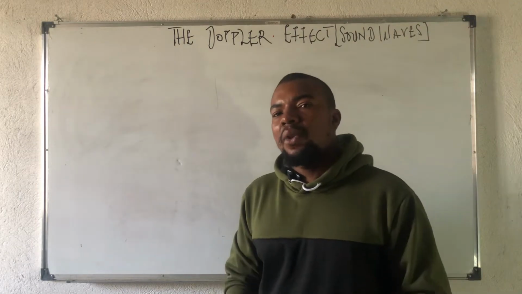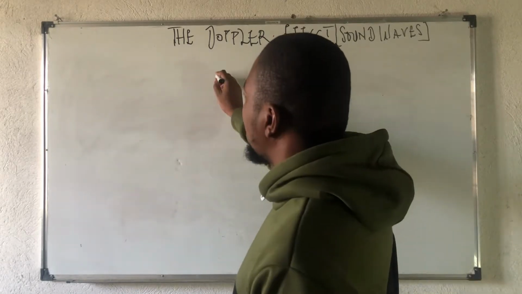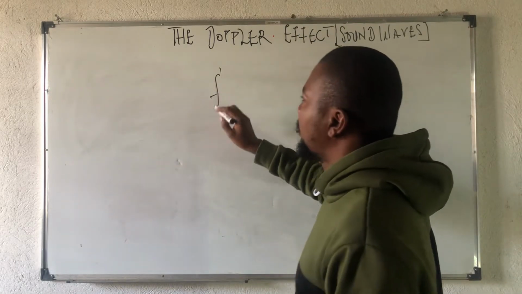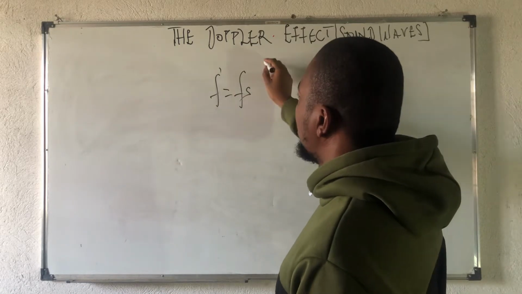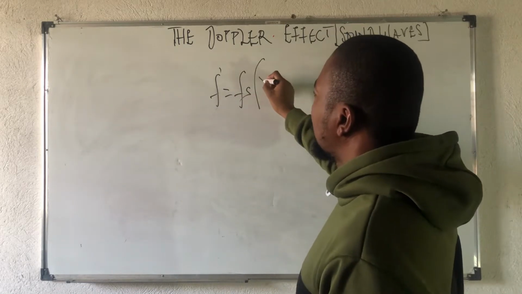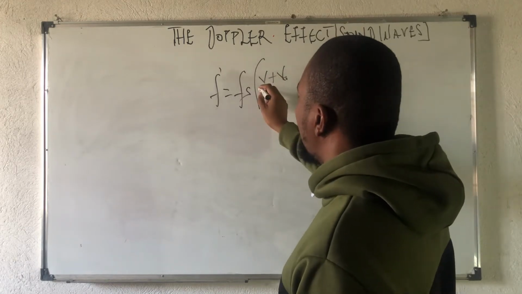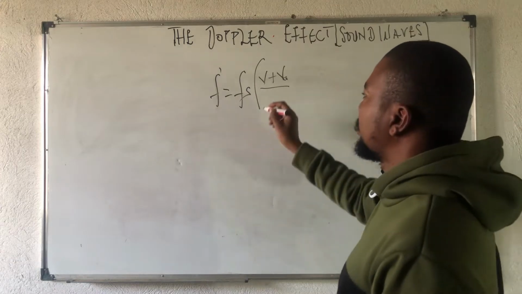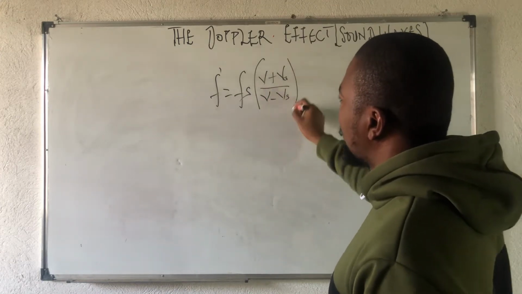The formula to calculate apparent frequency is given as F prime is equal to Fs multiplied by (V plus V sub O) all over (V minus V sub S).